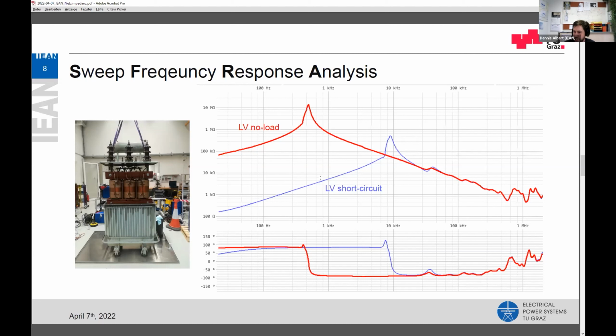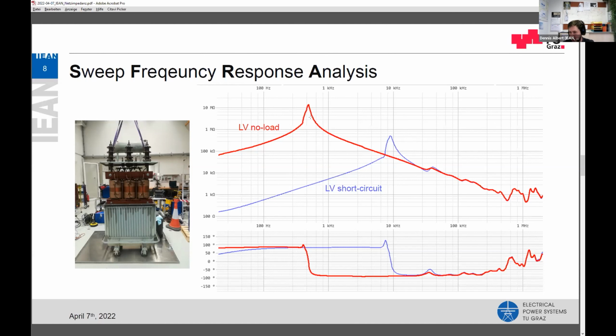The red curve shows the transformer in no load conditions, so the low voltage terminals were left open, and the blue shows the characteristic with short-circuited low voltage terminals, and below you see the phase shift.